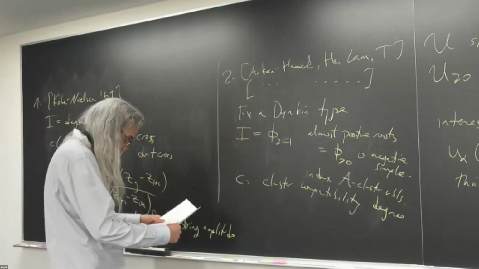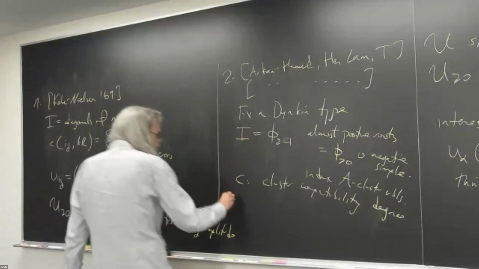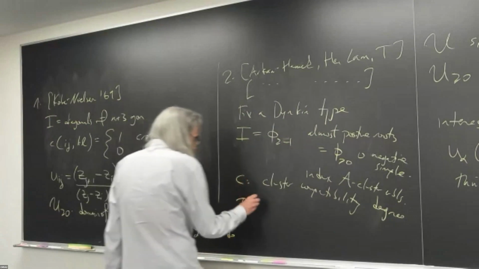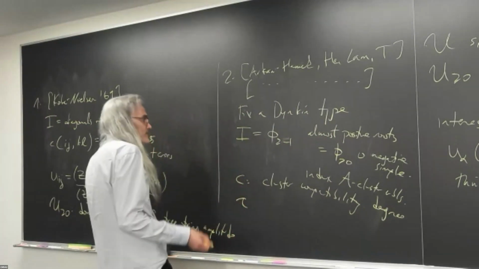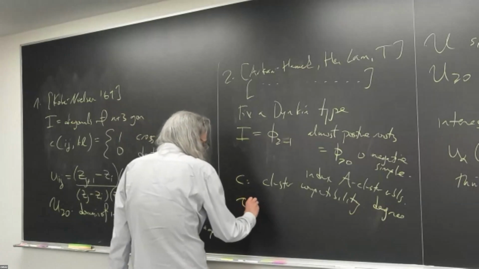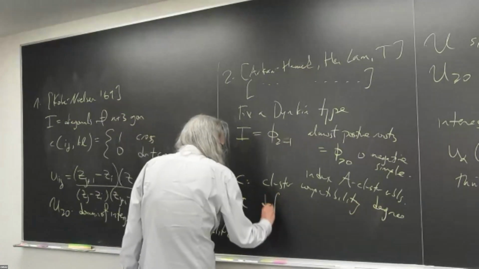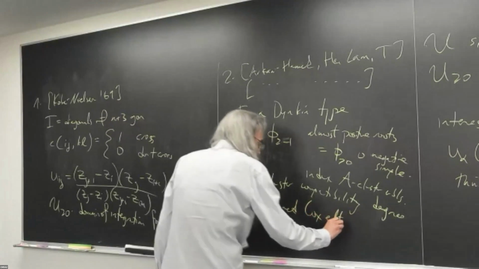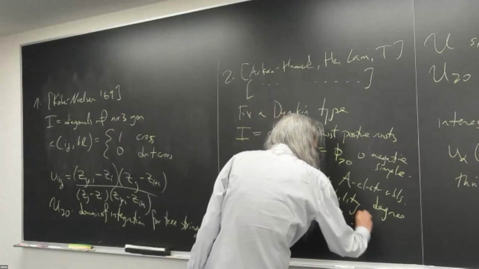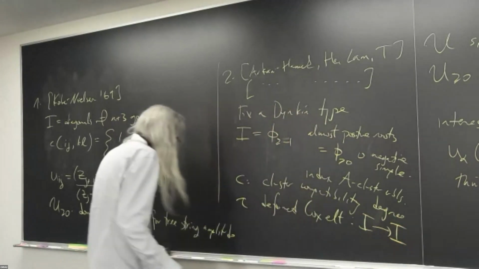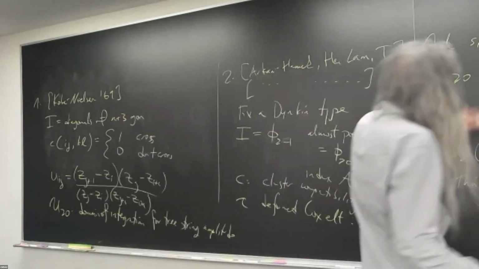There's a deformed Coxeter element that acts on I, which I'm going to denote by tau. C is already in use, and tau is for mysterious reasons that will become clear, perhaps. So this is a deformed Coxeter element, some permutation of the indexing set.